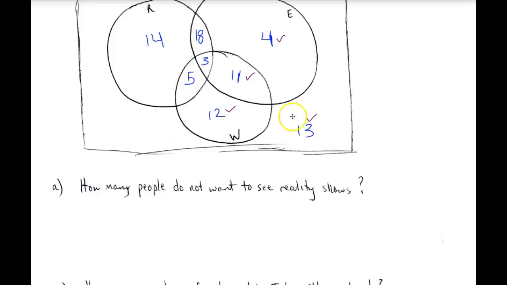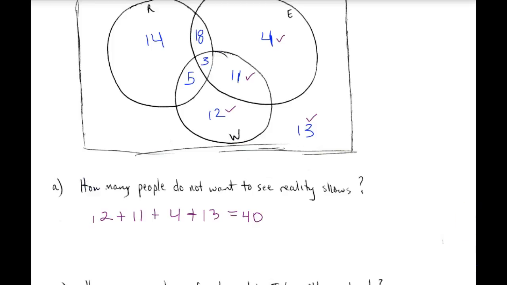So all we have to do is add up all these numbers I have check marks by. And so that's 12 plus 11 plus 4 plus 13. 12 plus 11 is 23. 23 plus 4 is 27. And 27 plus 13 will give us 40. Okay.